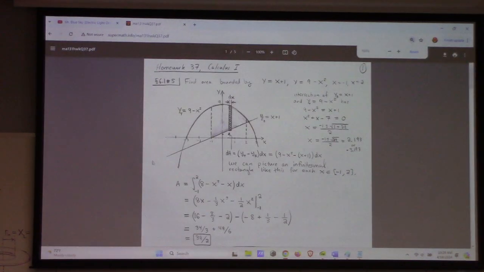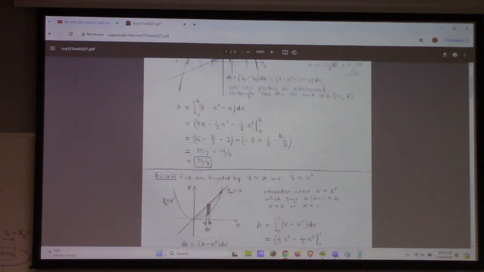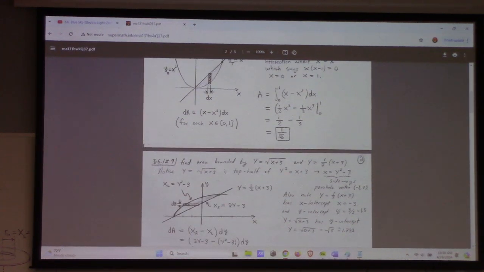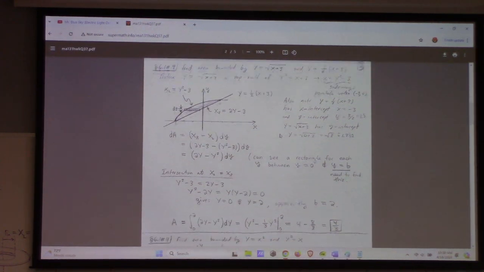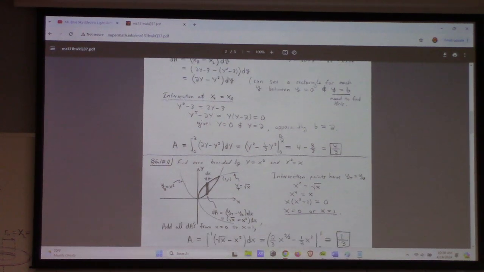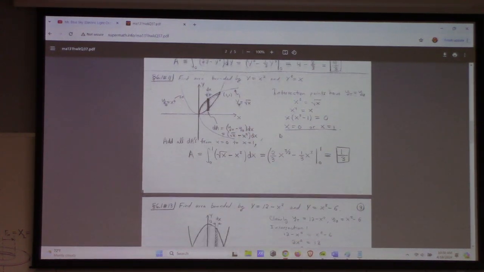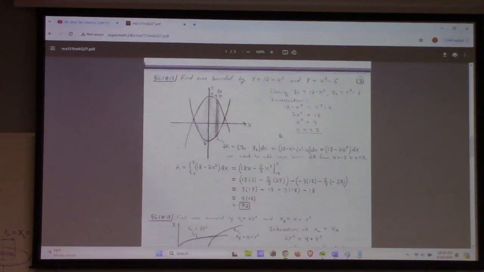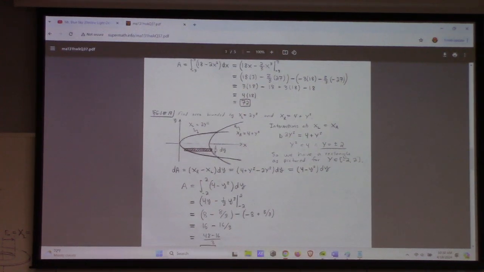I would encourage you guys to look at this one too. This has really nice examples. I linked these in the announcement I made like a couple days ago. But if you look through here, there's some really nice areas bounded by curve examples. And I wouldn't be terribly shocked if some of your homework was actually solved in here. It's possible. So these are nice examples.